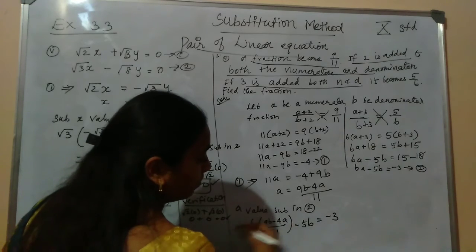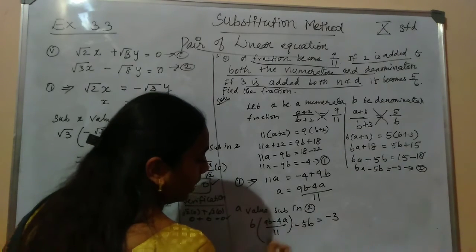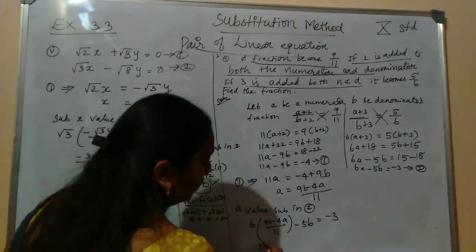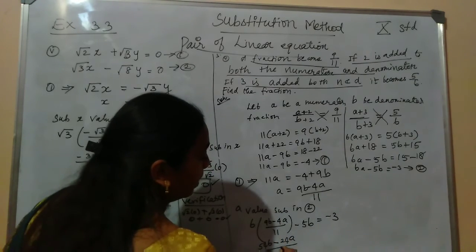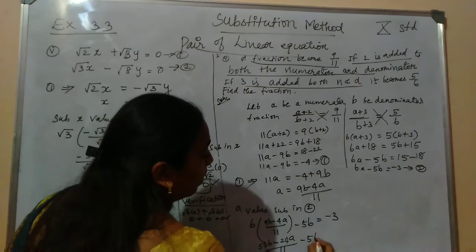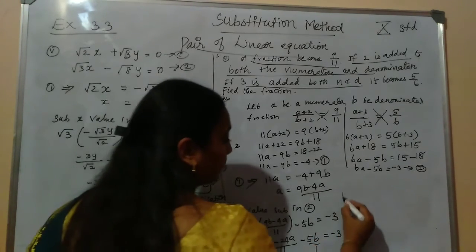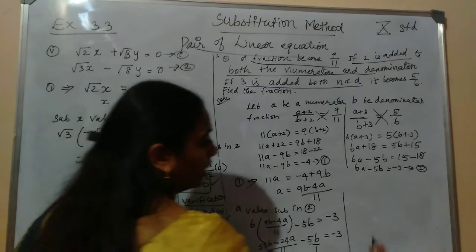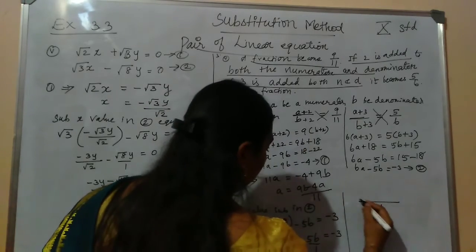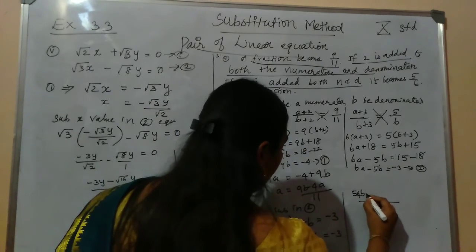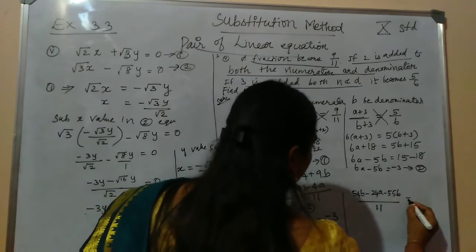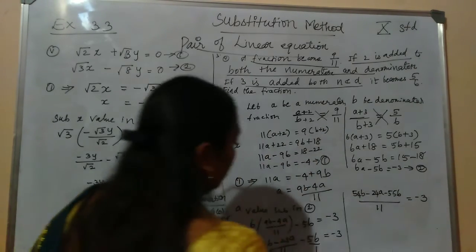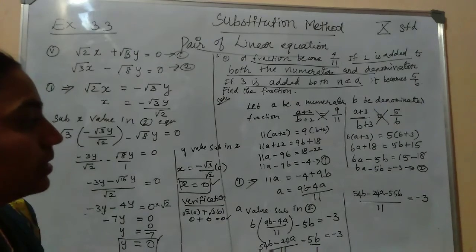Okay. So you just multiply because it is not cancelling. So 6 nines are 54b minus 24 divided by 11, minus 5b equal to minus 3. This is one like. So do the cross multiplication by 11. 54b minus 24 minus 55b is equal to minus 3 into 11.